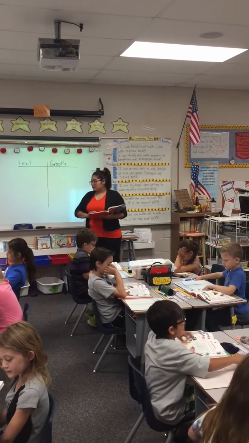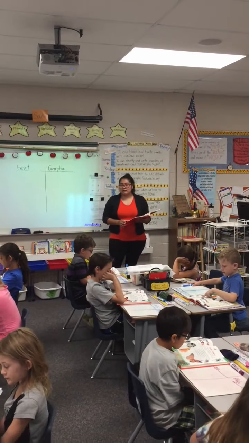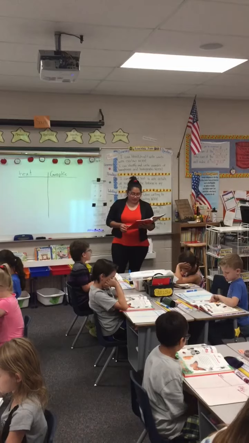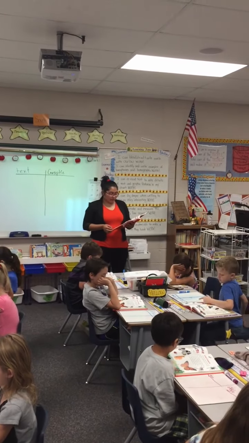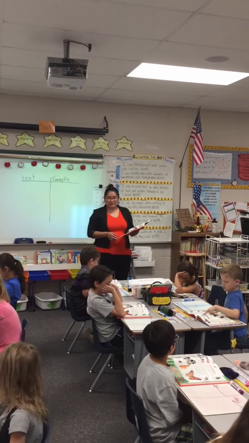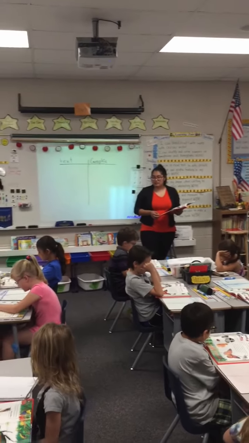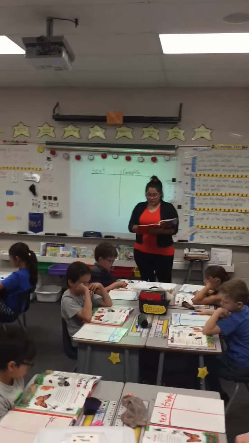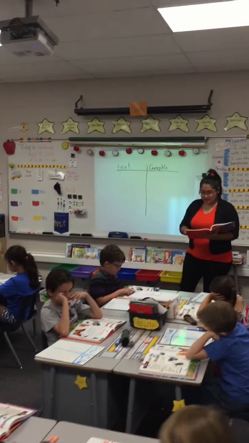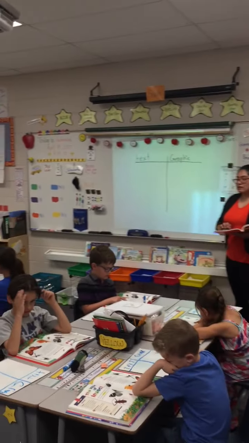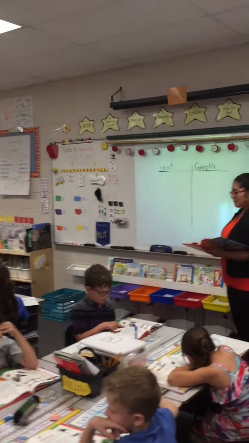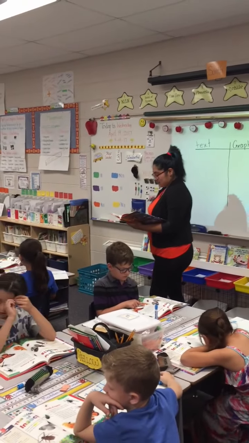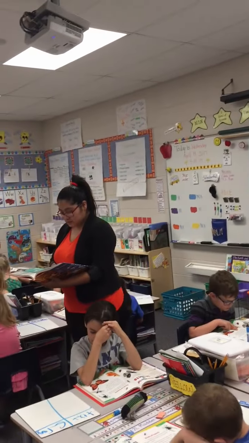Some live in water, but most live on land. Some kinds of insects live and work together like bees or ants. But most insects do not.